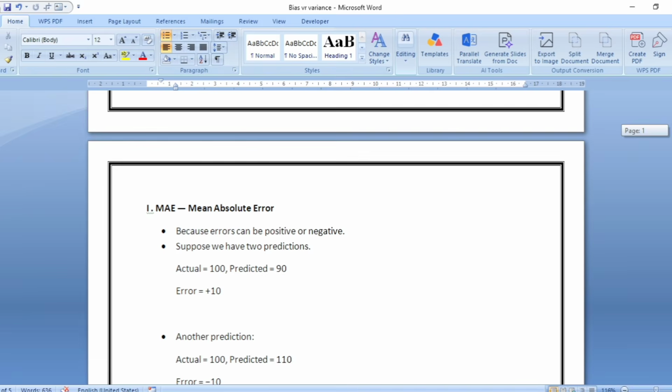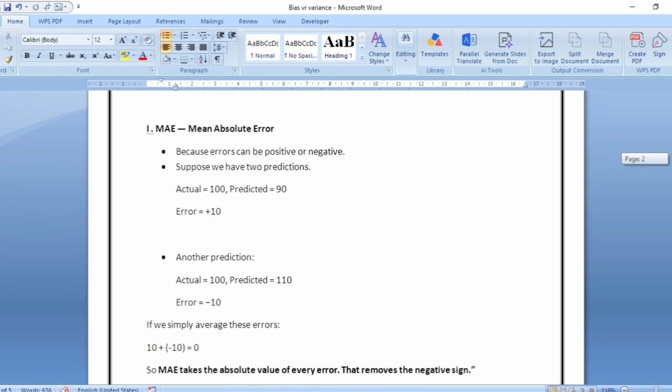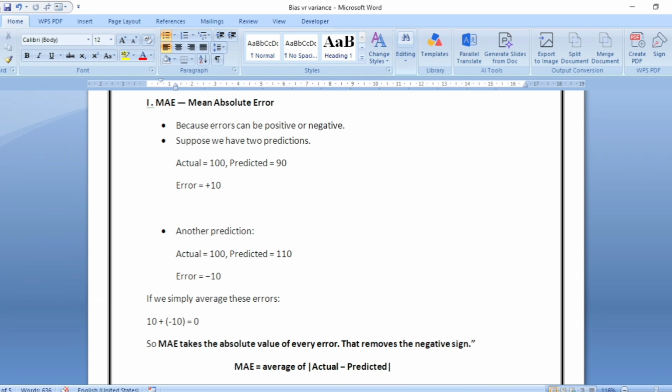First, mean absolute error, MAE. Let's start with mean absolute error. The word absolute is important here. Why? Because errors can be positive or negative. Suppose we have 2 predictions. Actual is 100 while predicted is 90, so the error is positive 10.